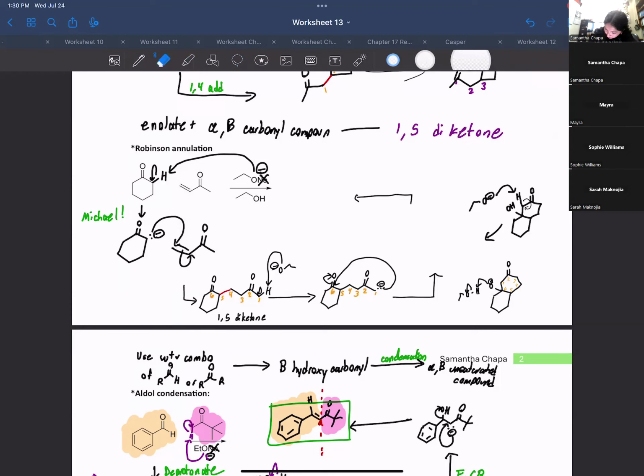If you're done with the last one, bear with me. I'm trying to get this done so I don't have to work through it later. You can start copying this one down if you want.